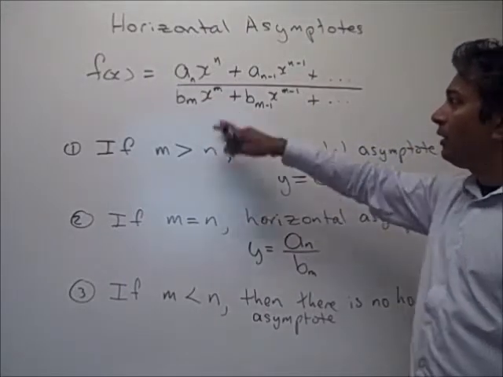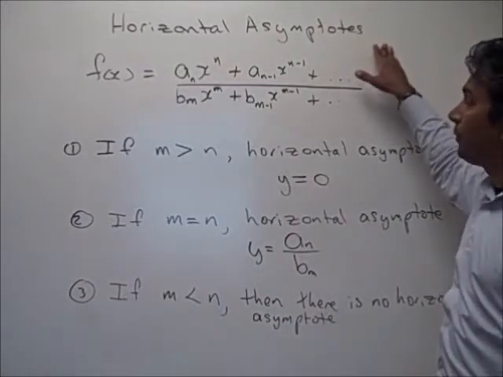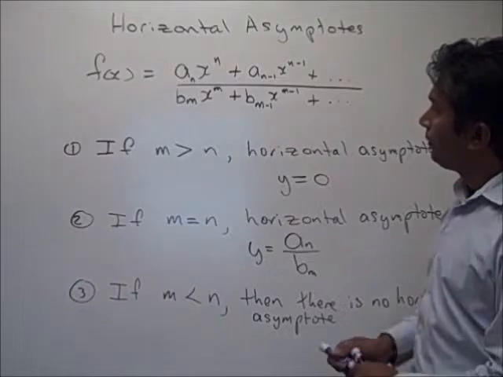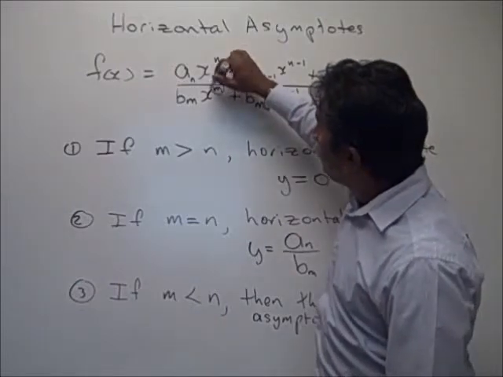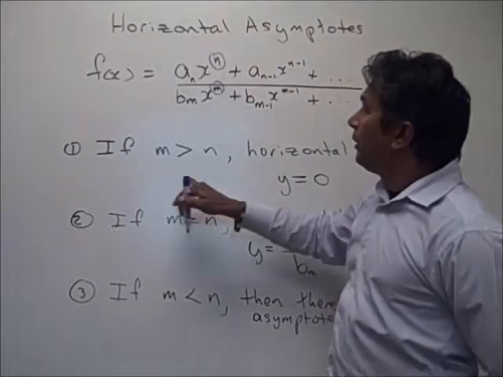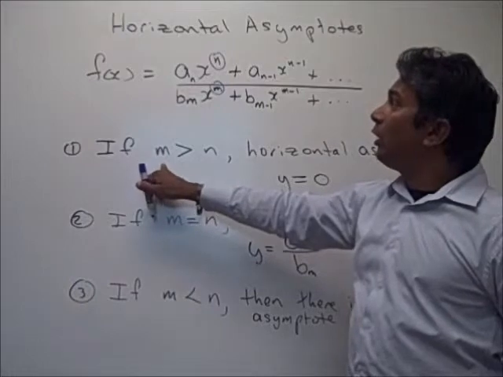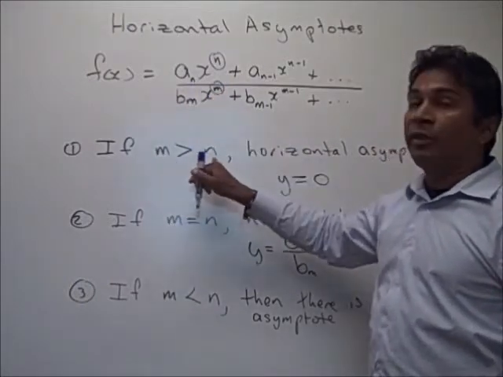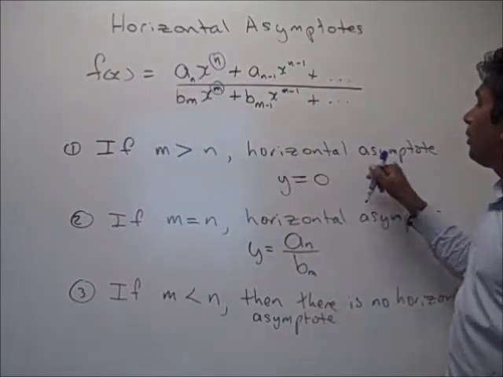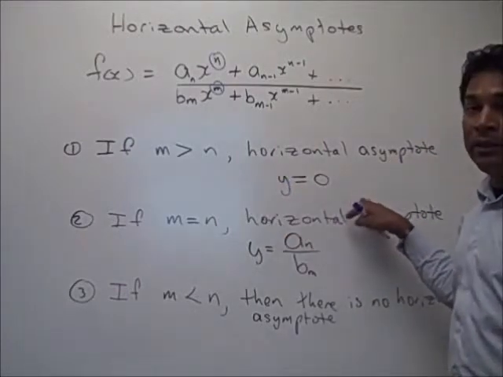Now, three simple conditions here will tell us what our horizontal asymptotes are. If m, which is the degree on our denominator, is greater than the degree in our numerator, then our horizontal asymptote is the line y is equal to 0.